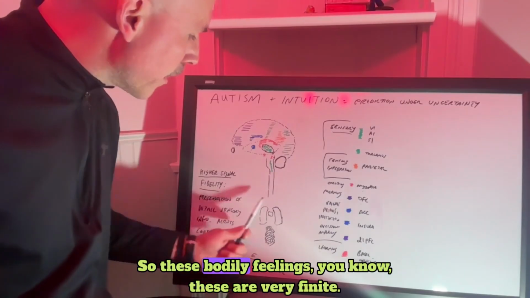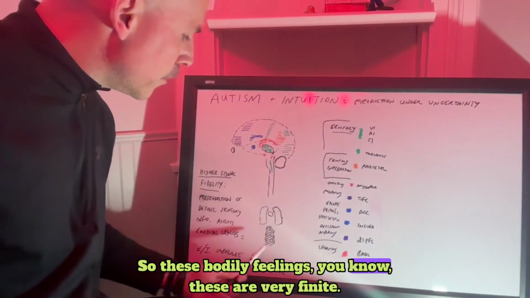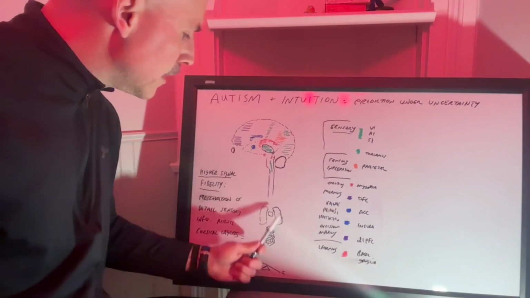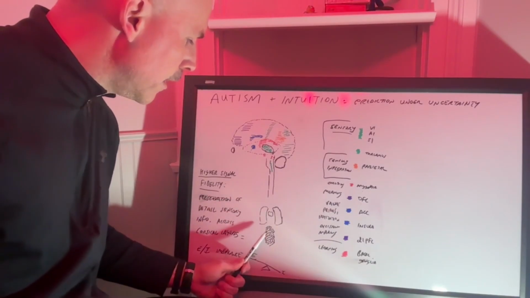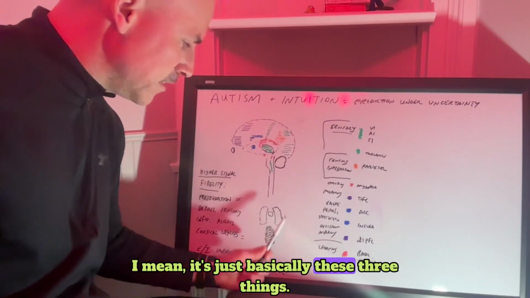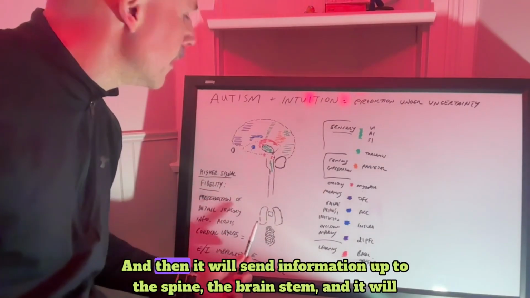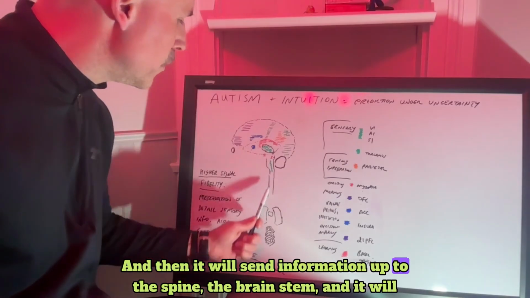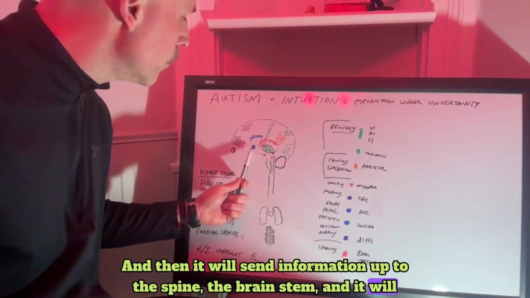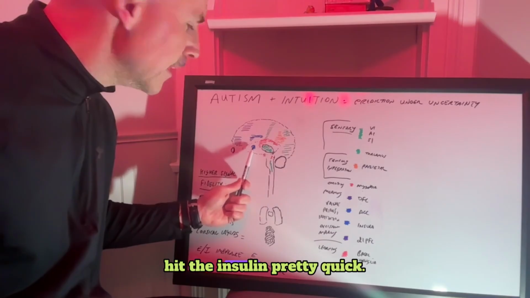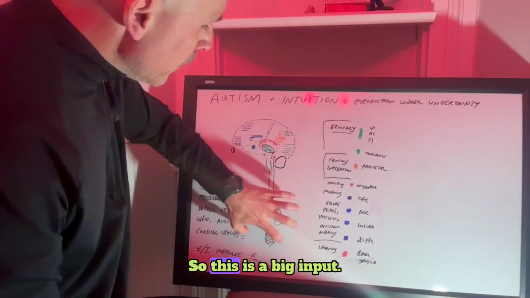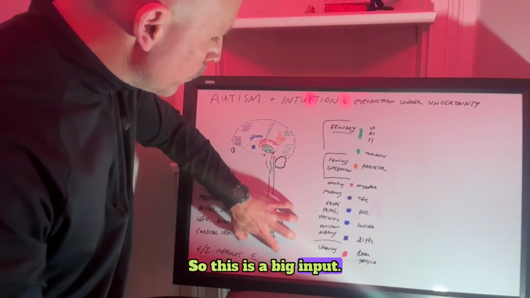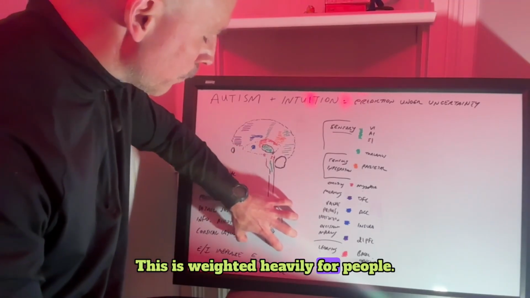So these bodily feelings, these are very finite. There's not a whole lot of information coming from the body. I mean, it's just basically these three things. And then it will send information up to the spine, the brainstem, and it will hit the insula pretty quick. So this is a big input. This is weighted heavily for people.